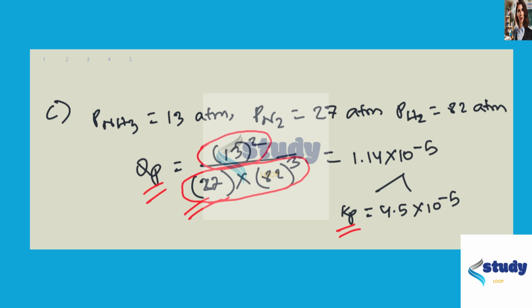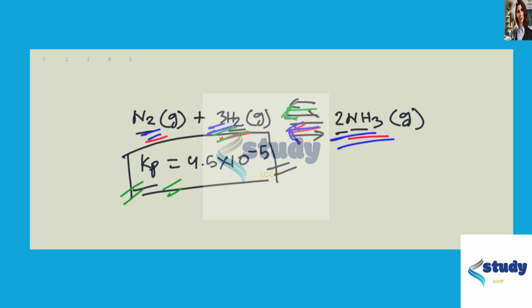That means if we need to reach equilibrium for this reaction mixture, we need to increase the rate of the forward reaction to make some more product, more ammonia.